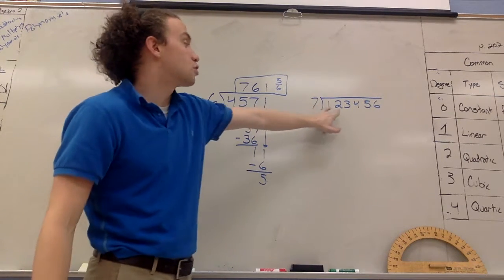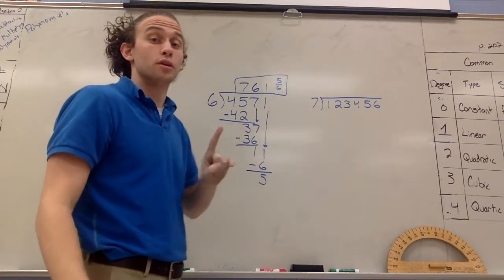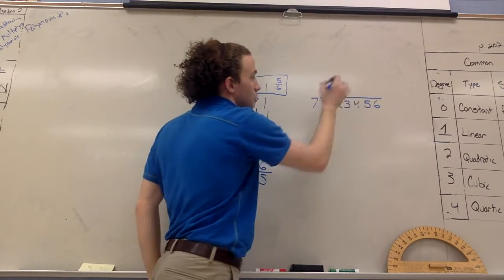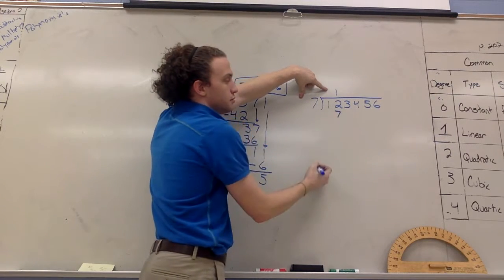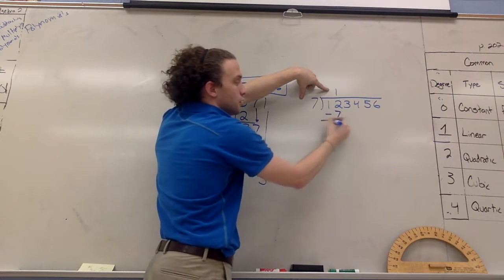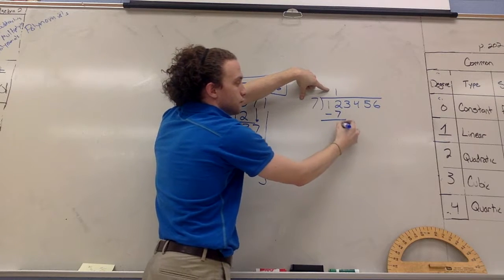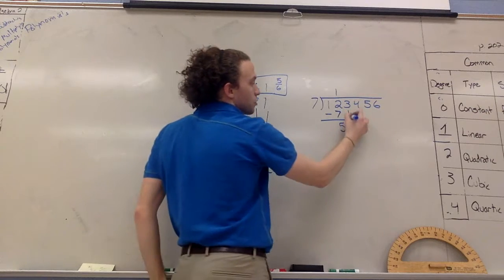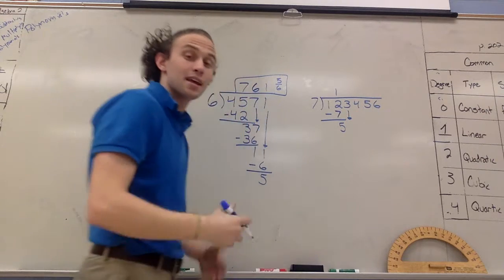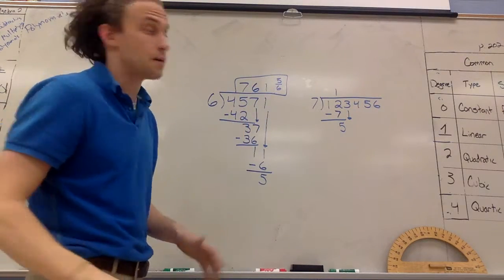How many times does 7 go into 12 then? It goes in 1 time. I multiply these, get a 7, change the sign, and add straight down. Then we bring down the next number and keep repeating that same process the entire time.